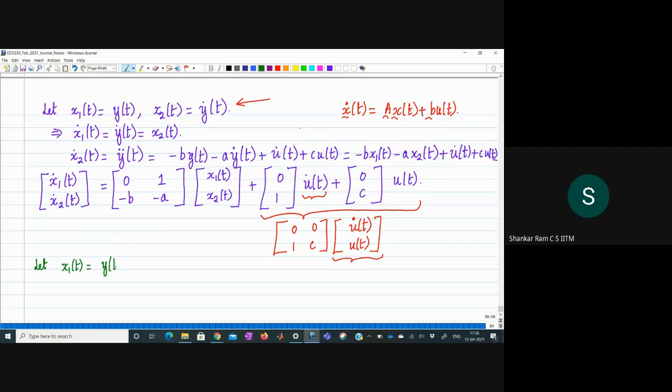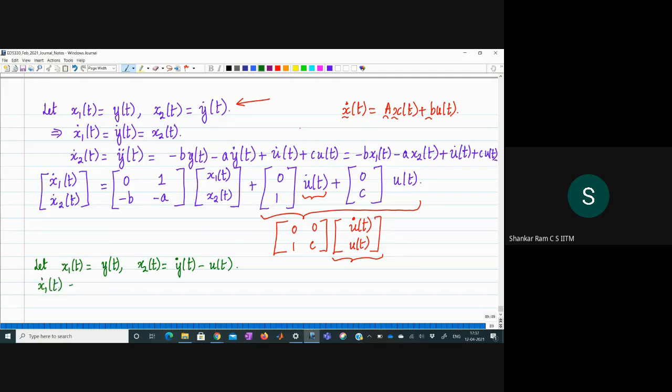Okay, so let's do it. Right. So let's say we choose x1(t) to be equal to y(t), x2(t) to be equal to y dot(t) minus u(t). Okay. So let's say these are the two state variables. All right. Okay. So now what will happen? x1 dot.